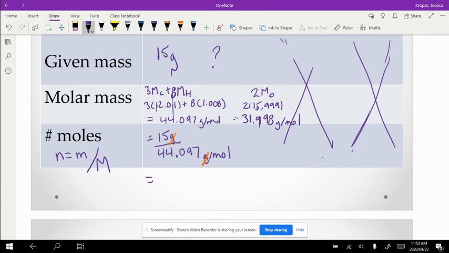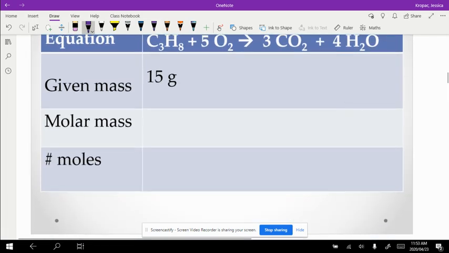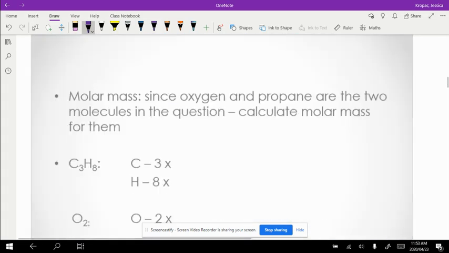If I plug that into my calculator, I get a grand total of 0.340 moles. So I now know my moles of propane. That's my first step. I went from mass to moles, and my moles of propane is 0.340 moles.